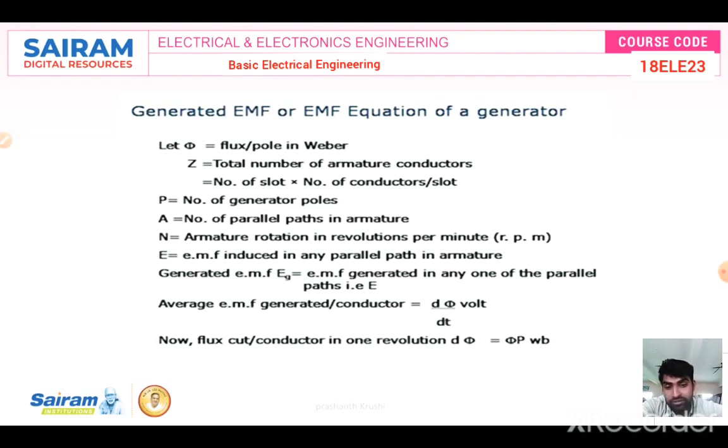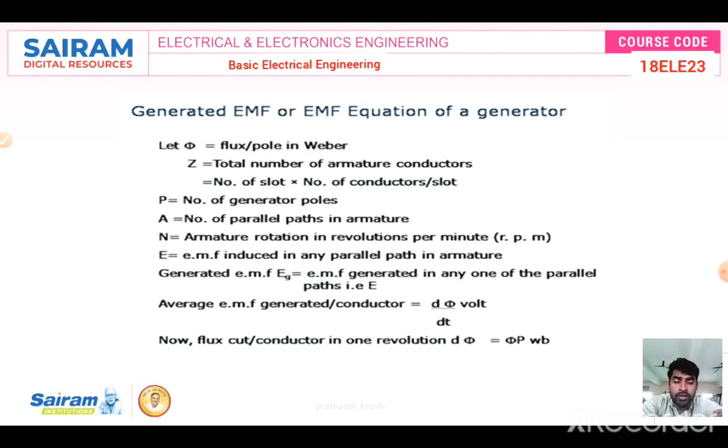The average induced EMF per conductor is d phi by dt. Again, what are the working principles in the DC generator? One is Faraday's laws of electromagnetic induction, Fleming's right hand rule, dynamically induced EMF, and Lenz's law. Faraday's first law: when a conductor cuts the magnetic field, EMF is induced, because the magnetic field is constant and the conductors are rotating.